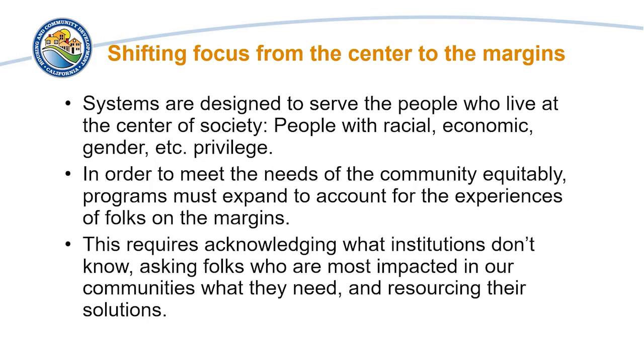In order to meet the needs of the whole community in an equitable way, programs must expand to account for the experiences of people who live their lives on the margins. This requires acknowledging what institutions don't know and asking folks who are most impacted in our communities what they need and what their proposed solutions are, and then putting resources behind those solutions.